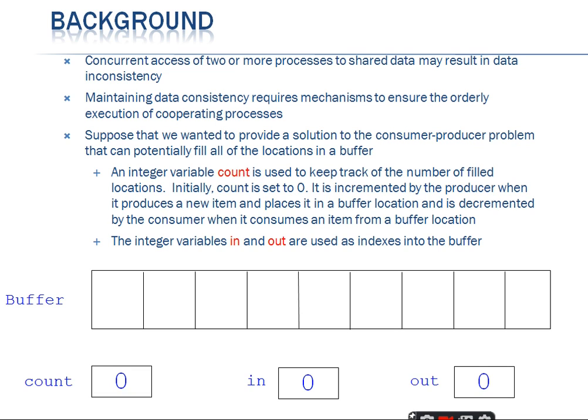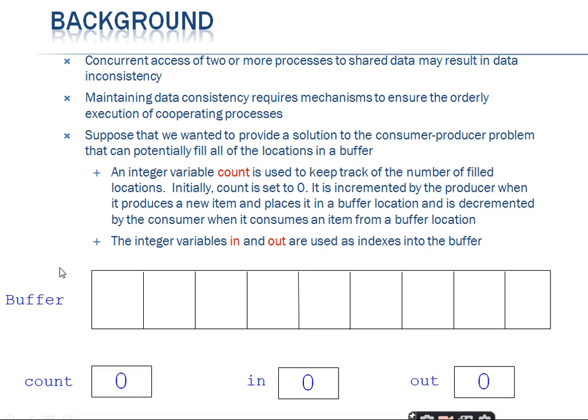Initially we set count to 0 to indicate the buffer is empty. As soon as the producer produces a new data item and places it in a buffer location, we increment the count by 1. And this count value is decremented as soon as the consumer consumes an item from the buffer location.